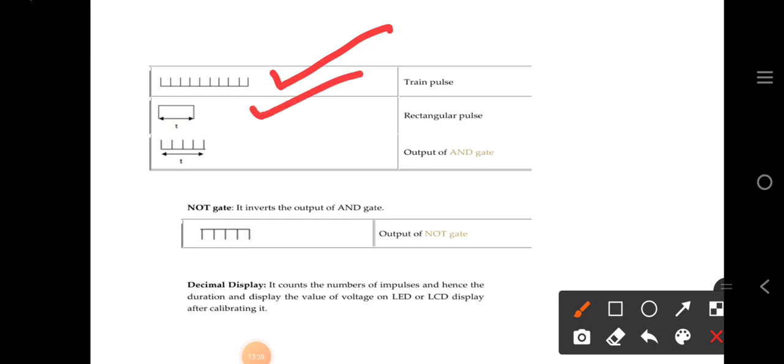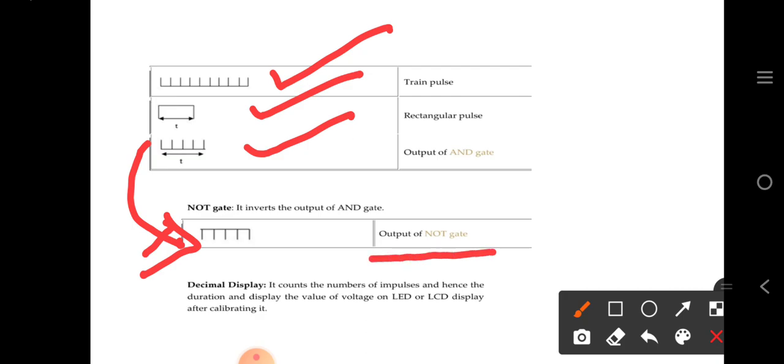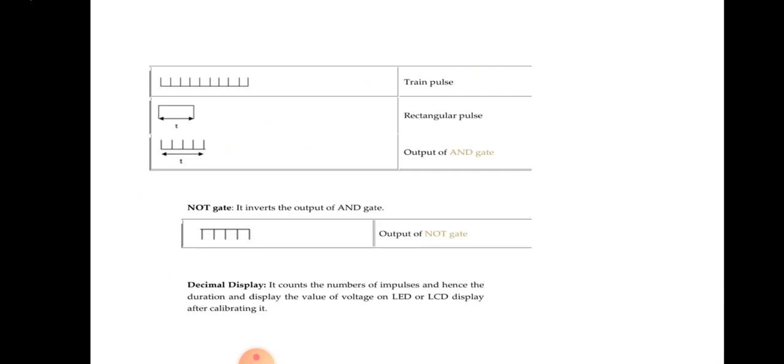This is a rectangular pulse which is generated by the pulse generator, and here it is the output of the AND gate. Now the output of the AND gate is given to the NOT gate. Now what will the NOT gate do? It will invert the output of the AND gate. So the output of the NOT gate is opposite to that of the output of the AND gate. And the last block is the decimal display.